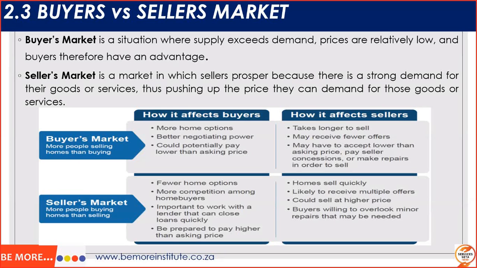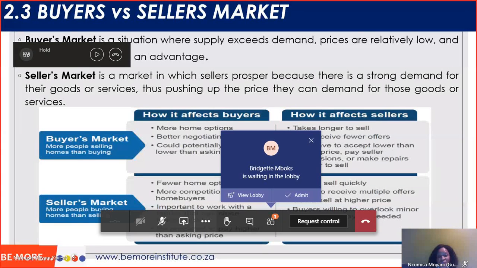In a buyer's market, how are the sellers affected? It takes longer to sell because buyers are not rushing to buy the properties. You may receive fewer offers because the buyers are making offers somewhere else, not necessarily to the same group of sellers.